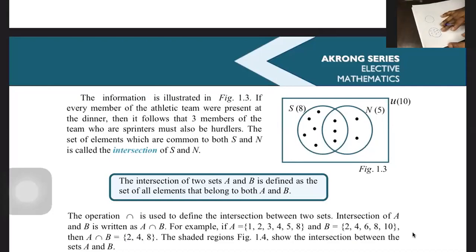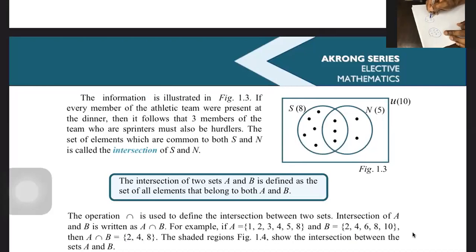And then I also have the number of them that are hurdlers: 4, 5, 6, 9, 10.